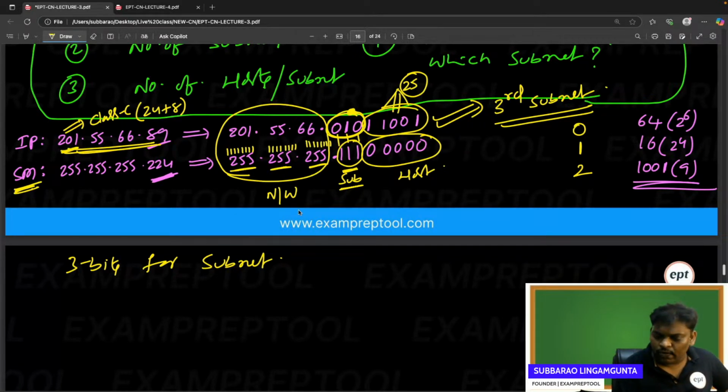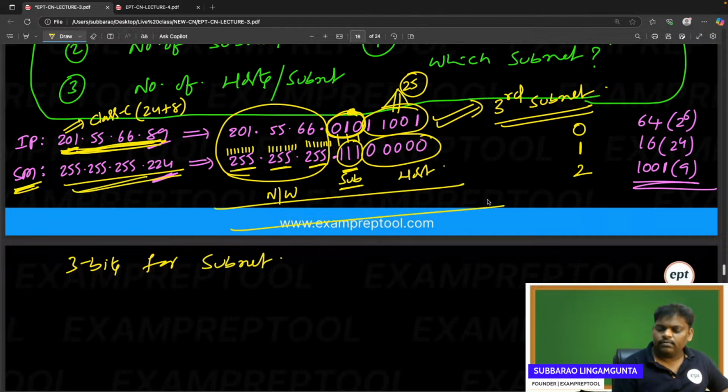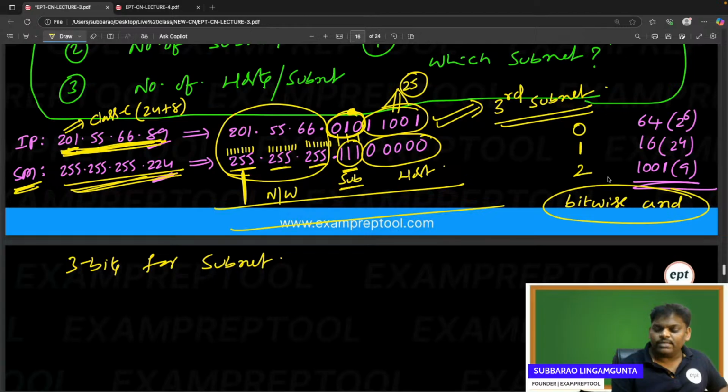This is a very, very important one. If you have an IP and you have a subnet mask, both there, just do the AND operation, the bitwise AND operation.